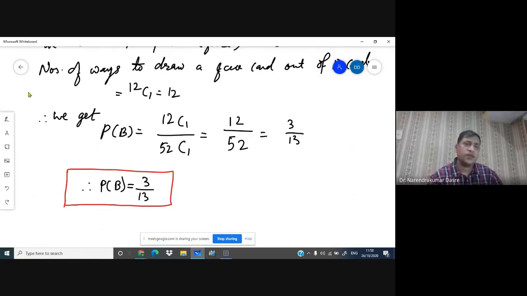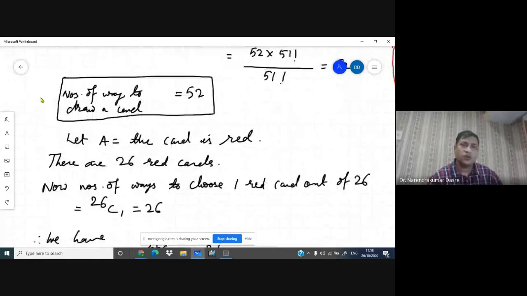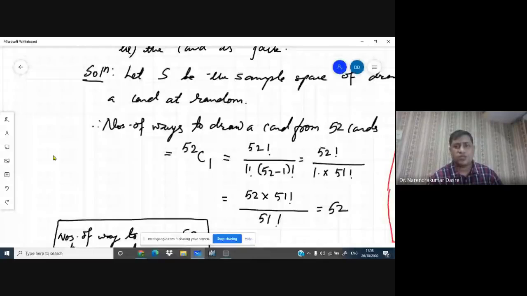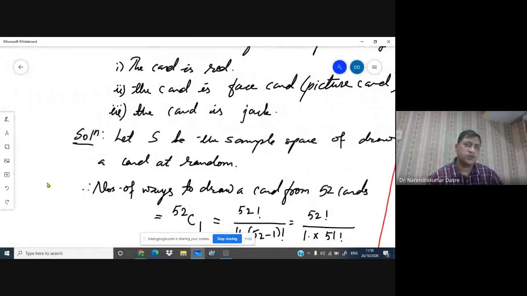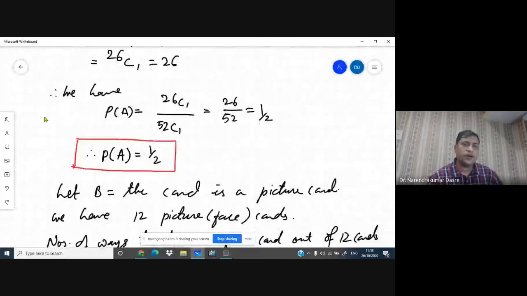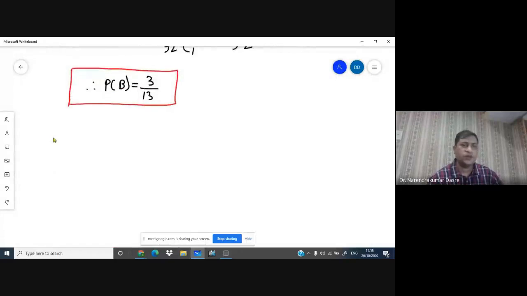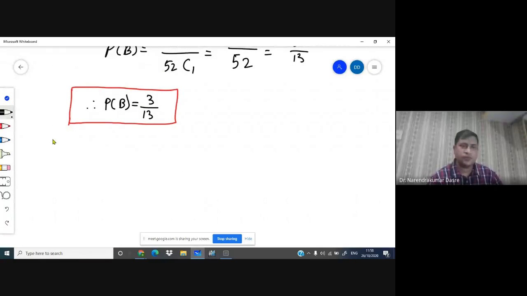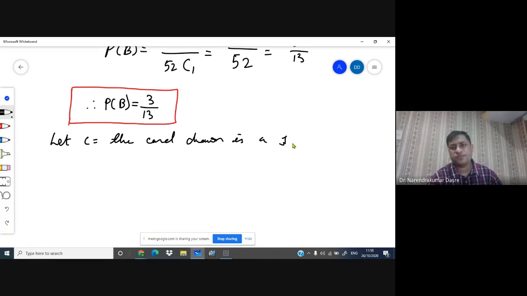Now let us see what is the next one. The card is a jack. Again we have to think. Let C be the event that the card drawn is a jack.